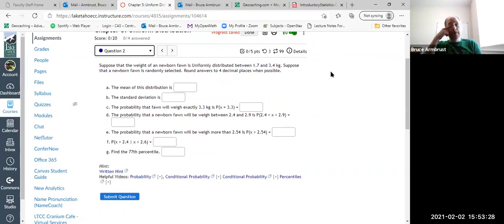So it says, suppose that the weight of a newborn fawn is uniformly distributed between 1.7 and 3.4 kilograms. All right, so before we go further, what does uniformly distributed mean?